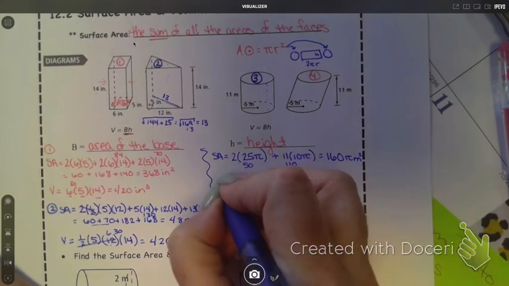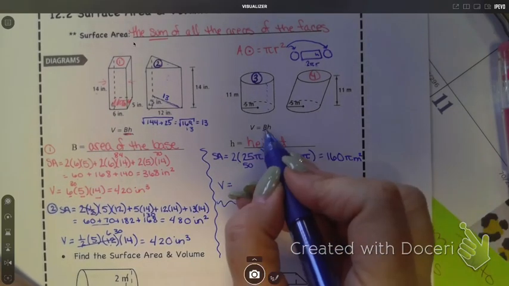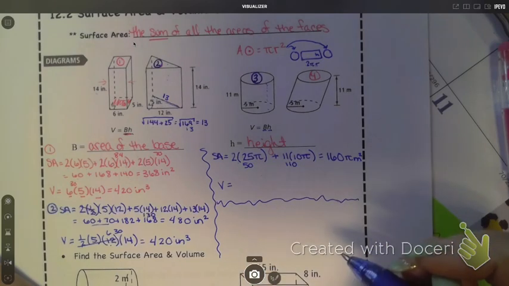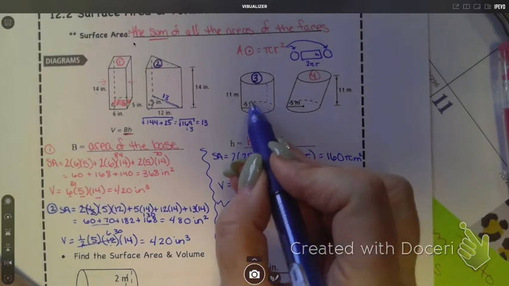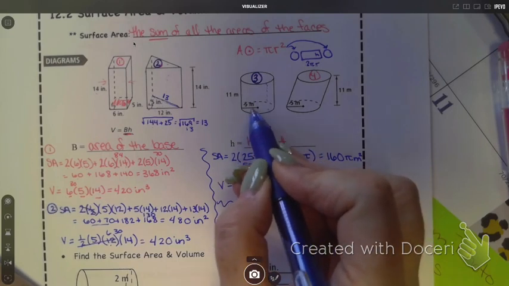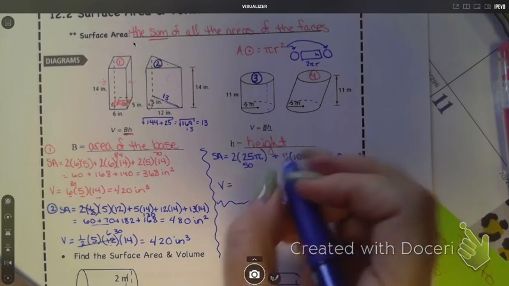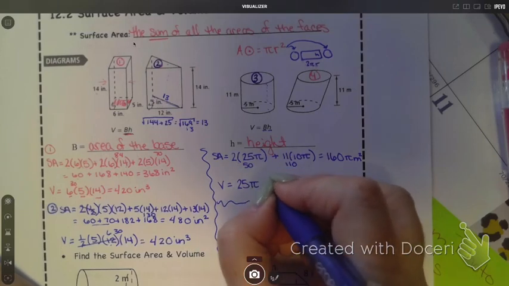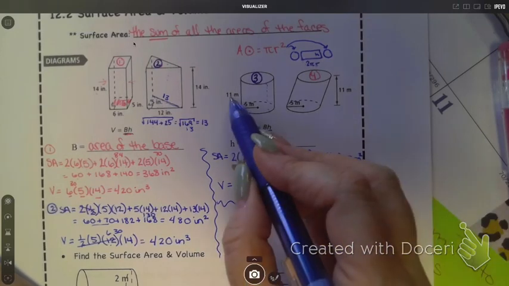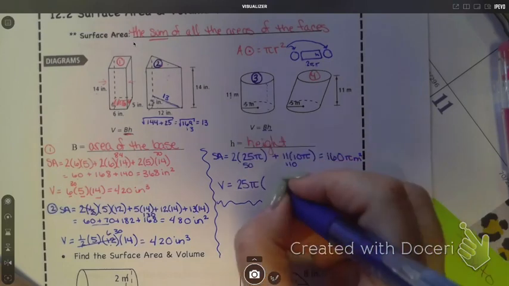So volume, again, is the area of the base times the height. Well, the area of the base was pi r squared, wasn't it? So what's 5 squared? So I have 25 pi times the height, which is 11.